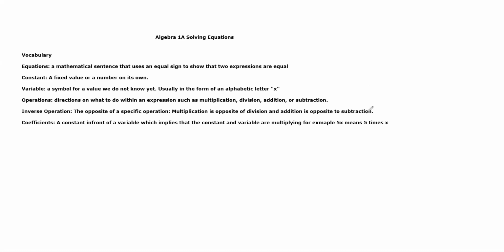Now, before we get started on the rest of the lesson, I want to go over an equation. Let's say we have x plus 5 equals 15. An equation, as shown by the definition, is a mathematical sentence that uses an equal sign to show two expressions are equal. Really what that's saying is, in an equation there's always going to be a left side and a right side.